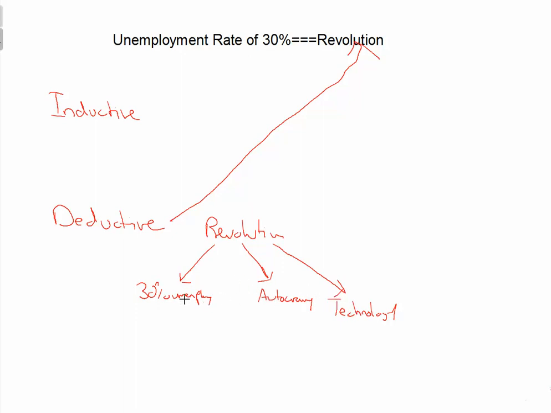You have 30% unemployment in a lot of places, but usually you need a technology medium. Like in the Arab Revolution, it was Facebook and Twitter. In the Iranian Revolution, it was the audio cassette. I don't know if everyone remembers that, but those are audio cassettes that you could copy and dub.